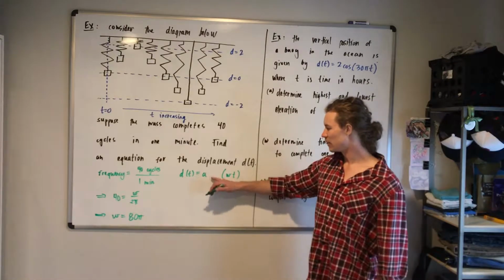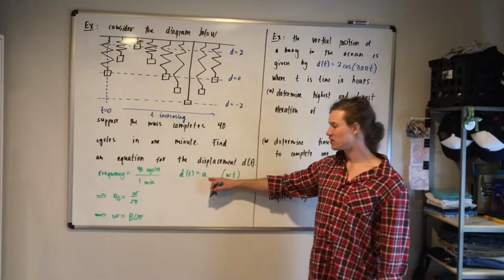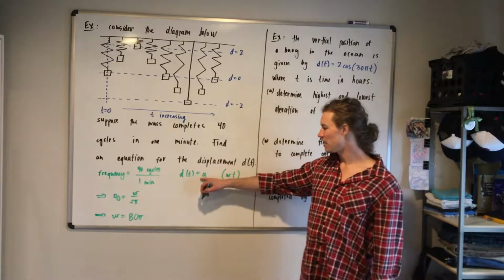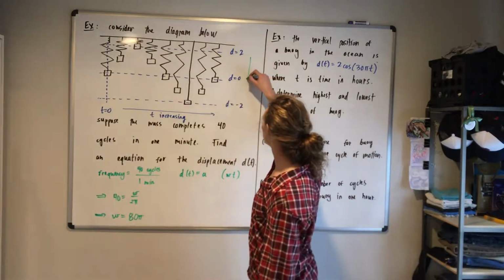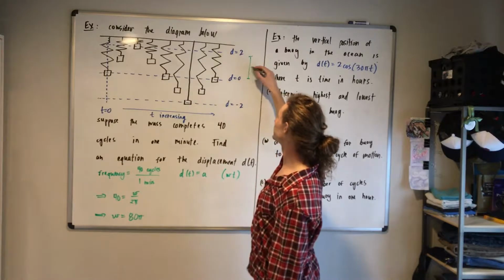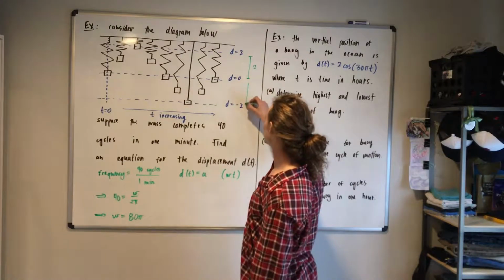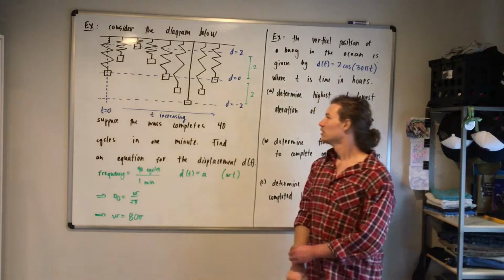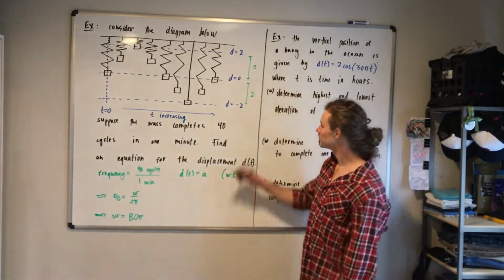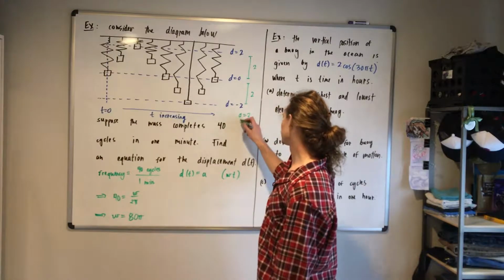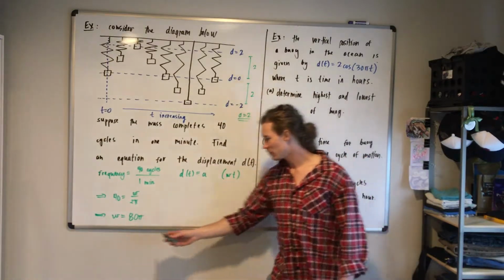Now we need to figure out what trigonometric function I should input here. So we'll have a, which we'll be able to determine by our amplitude here. We can see the distance between an equilibrium position and a maximum position is 2 distance units, whatever those distance units are, so we know a equals 2. And we have, again, our omega.